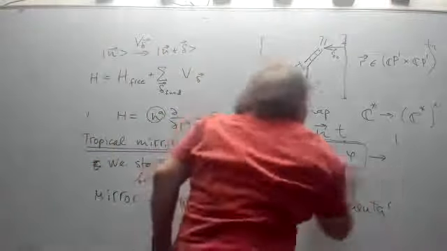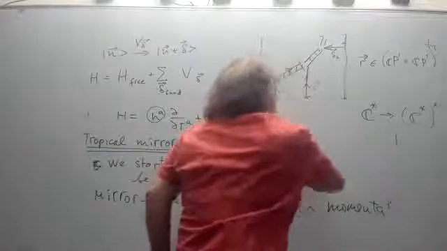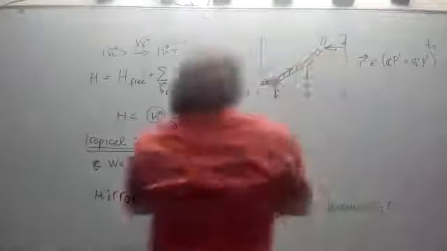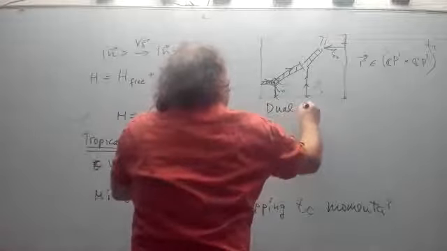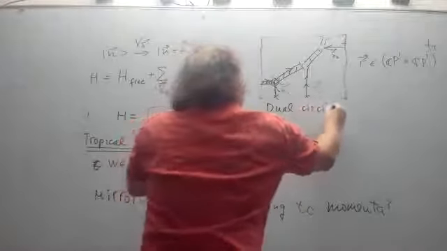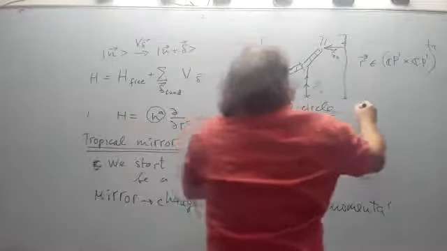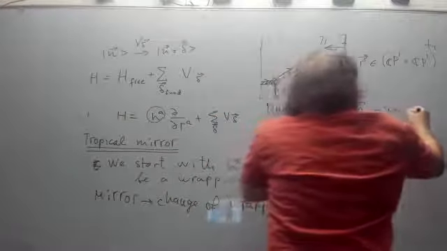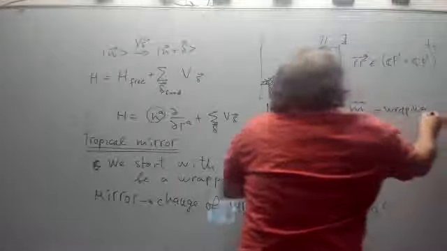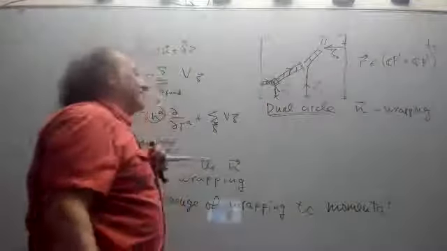Okay, I'll erase this. Dual circle. So n was wrapping. And now I want to understand it as a momenta.